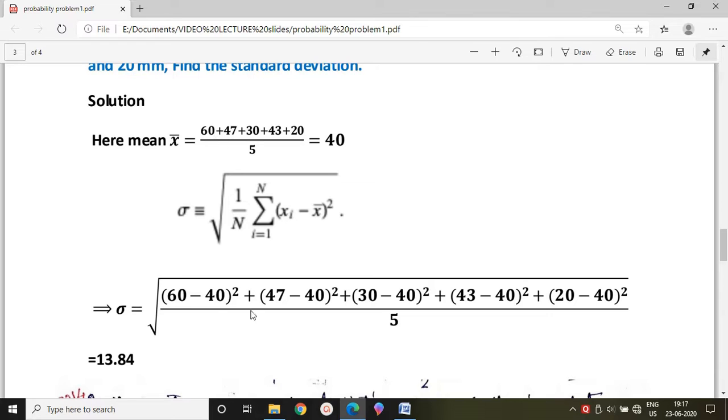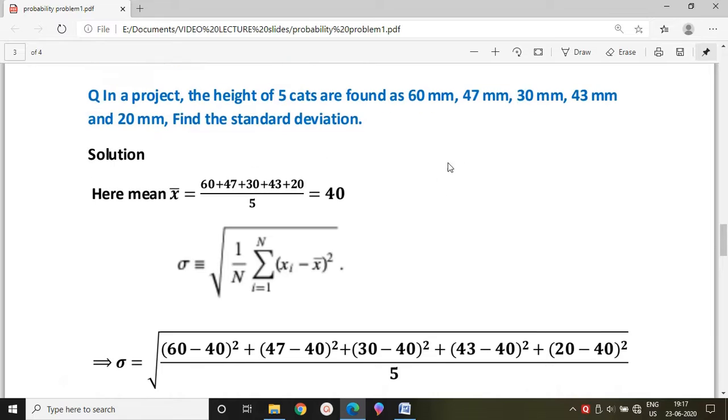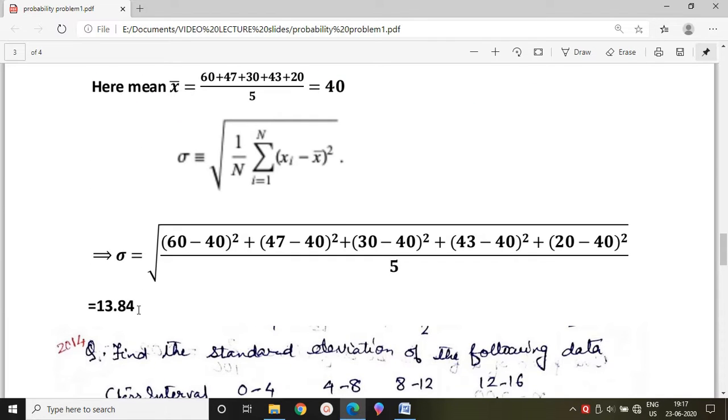It will be 60 minus 40 whole square. Next data is 47, 47 minus 40 square, 30 minus 40 square, 43 minus 40 square, 20 minus 40 square. Last data is 20. So we are taking xi minus x bar square in this line, and divided by 5. Then after you take square root, this is the value.